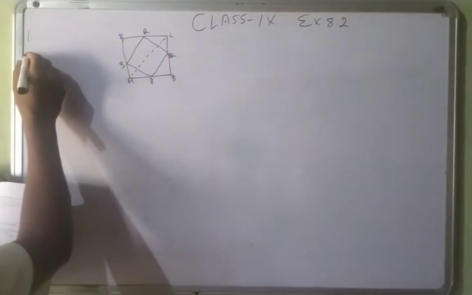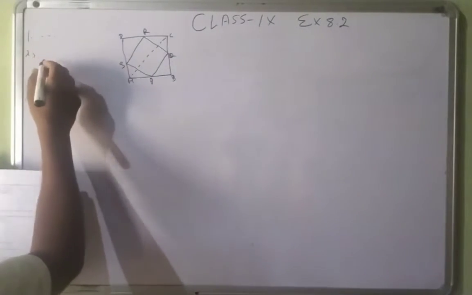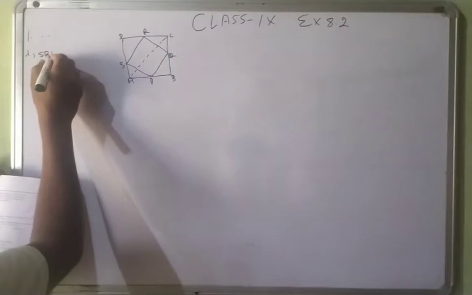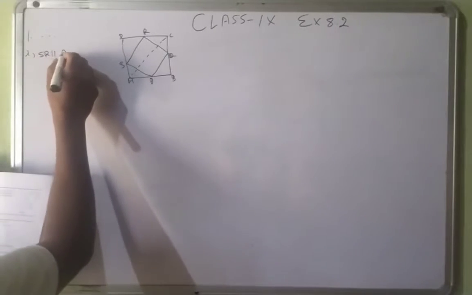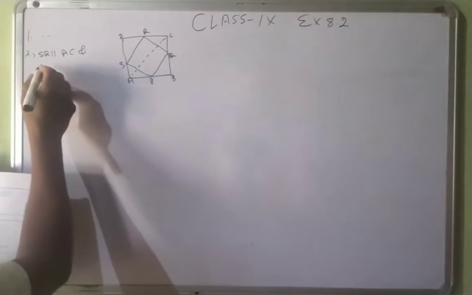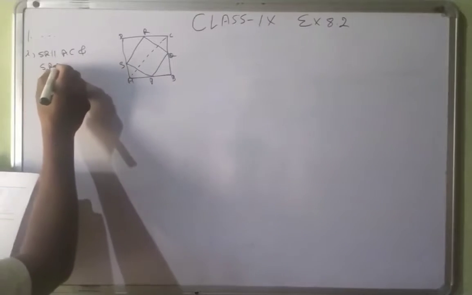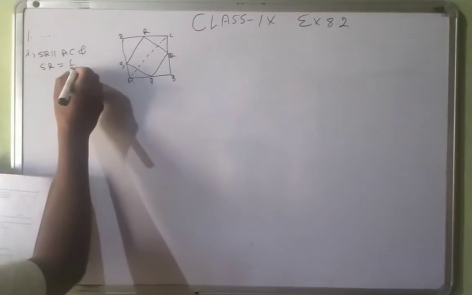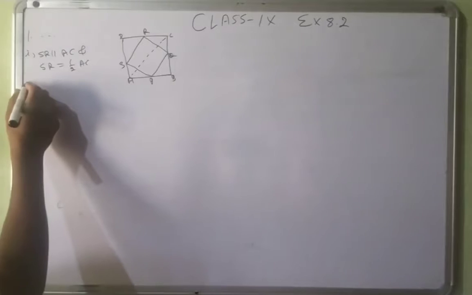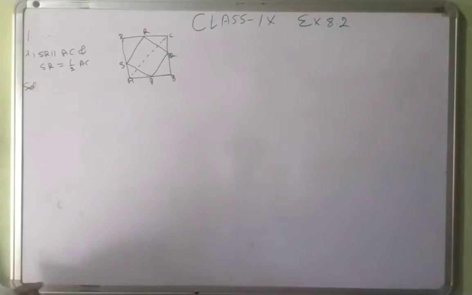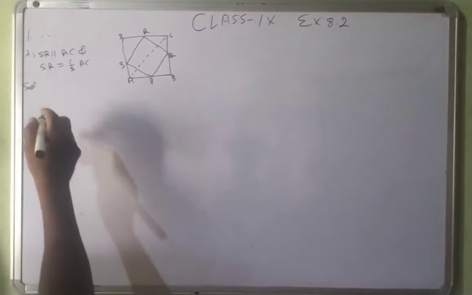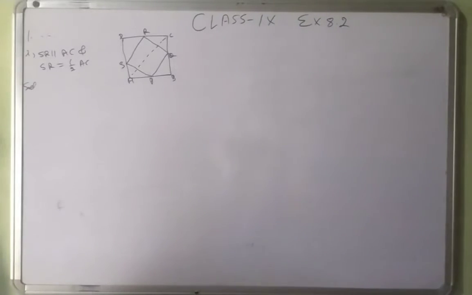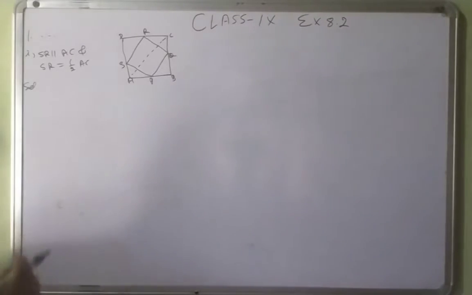So the first part is that SR is parallel to AC and SR is equal to half of AC. The solution: SR parallel to AC.